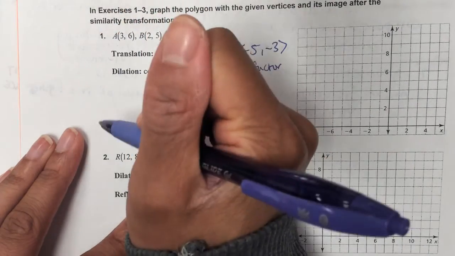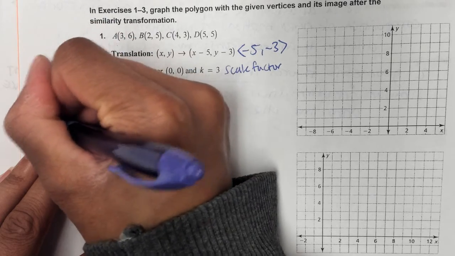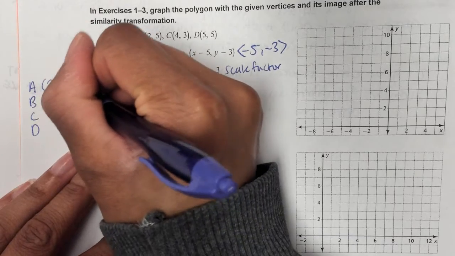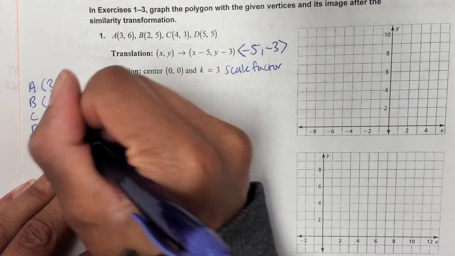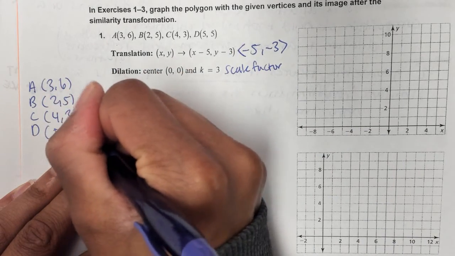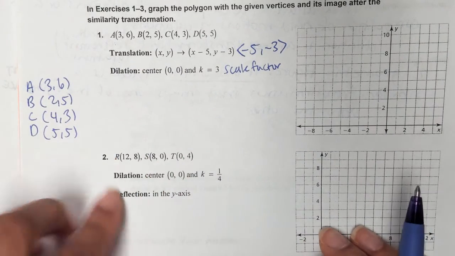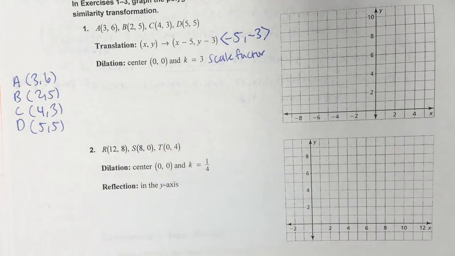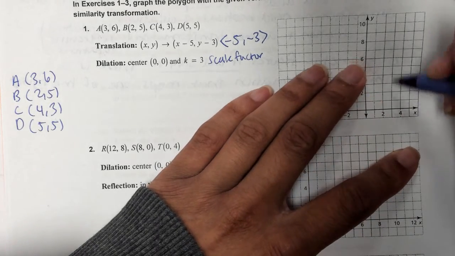So I like to rewrite things. I'm going to go ahead and give you the pre-image. So A, B, C, and D. A is (3, 6), B is (2, 5), C is (4, 3), and D is (5, 5). So first thing we're going to do is translate it. Let's graph our pre-image first.